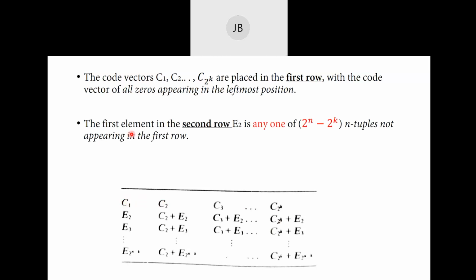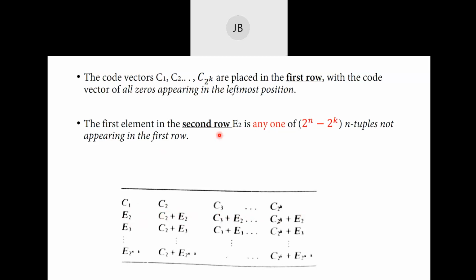And then we go for writing the second row. How to write the second row? We write E2 here, and then we add E2 and C2, E2 and C3, and so on. Basically, the second row consists of adding E2 to all the elements of the first row.